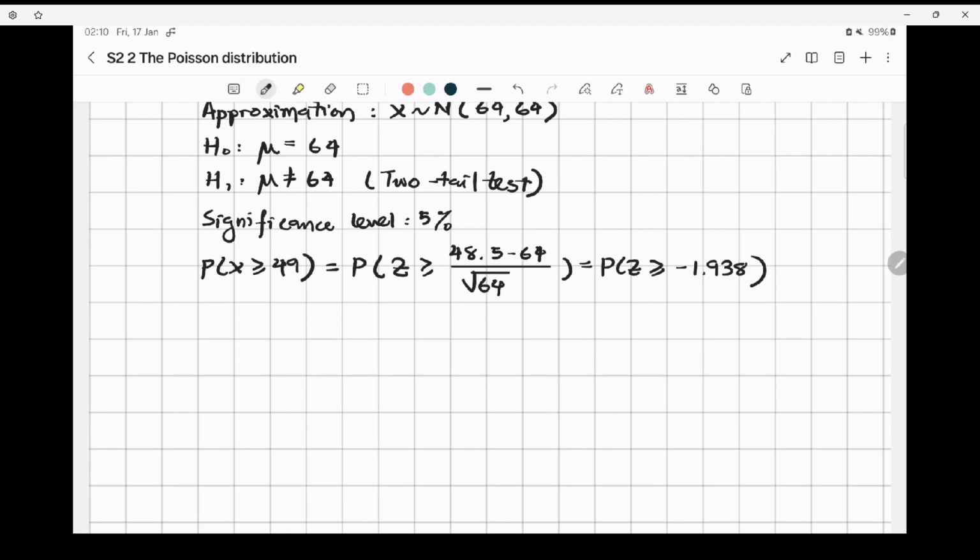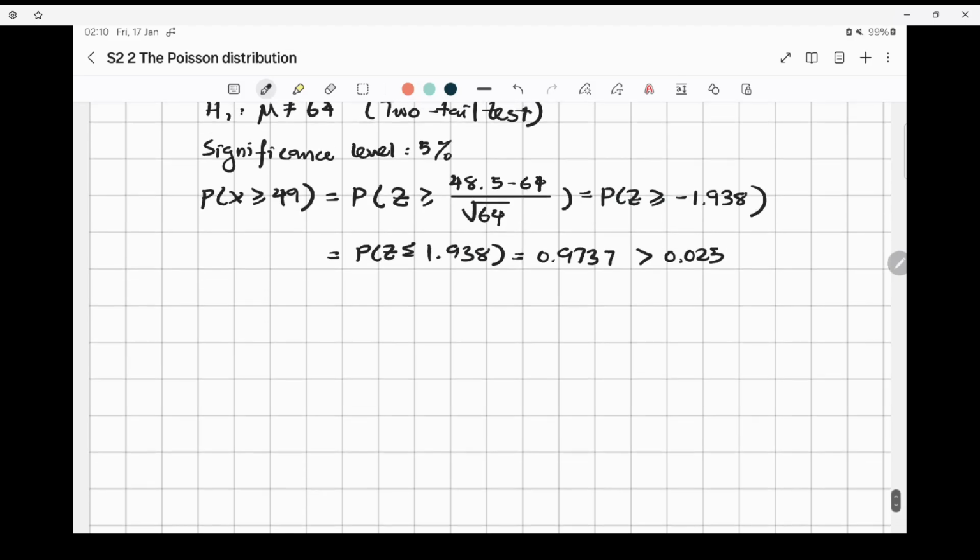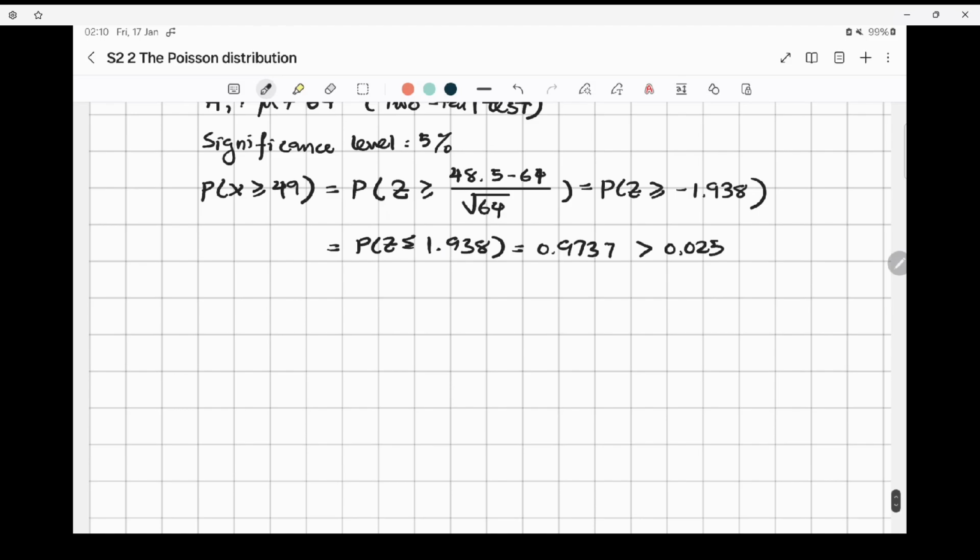So I won't bother with the conversion. Basically, this will give you 0.9737. So this particular value is greater than 0.025. So from the right, it doesn't seem like there's a problem. So now let's look at from the left.